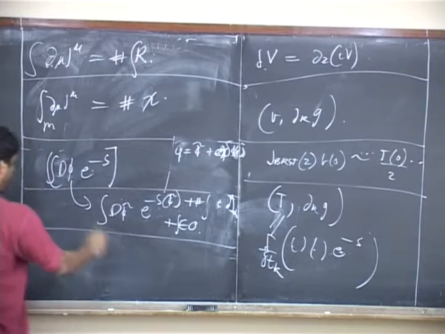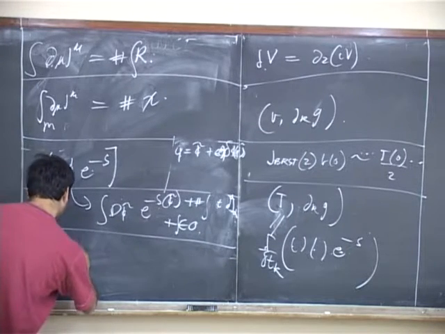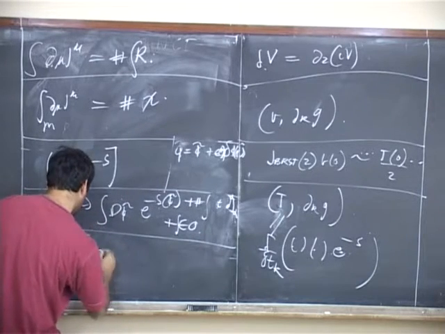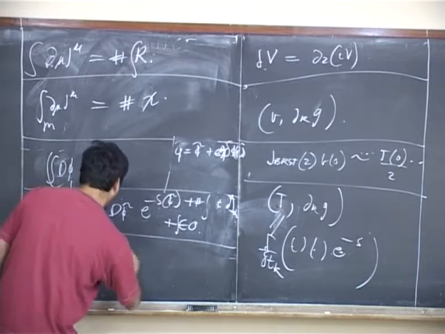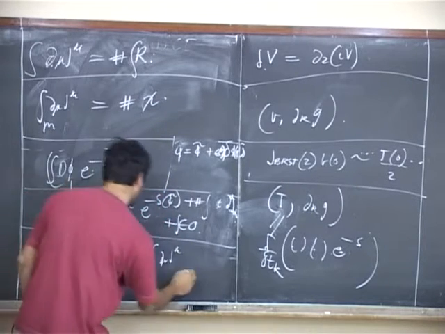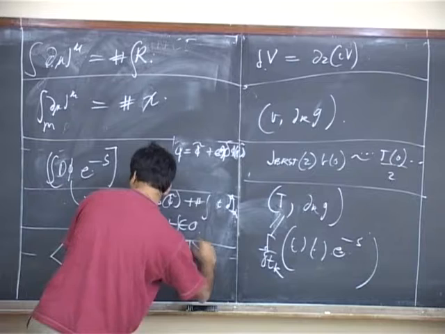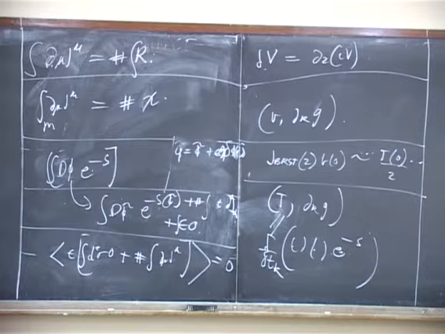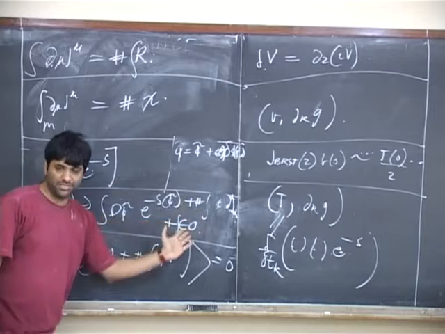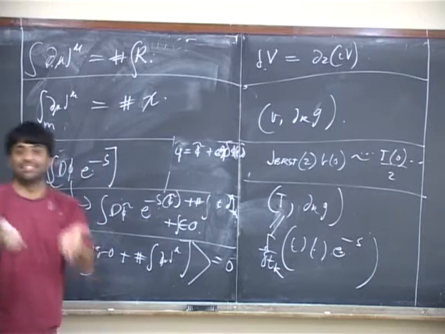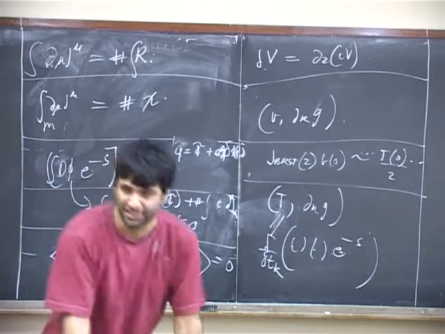We conclude that the insertion of epsilon times the integral O plus some number times the integral of del mu j mu is equal to 0. Okay? So in the case where this operation is not a symmetry, we don't derive the equation that del mu j mu inside the path integral is 0.